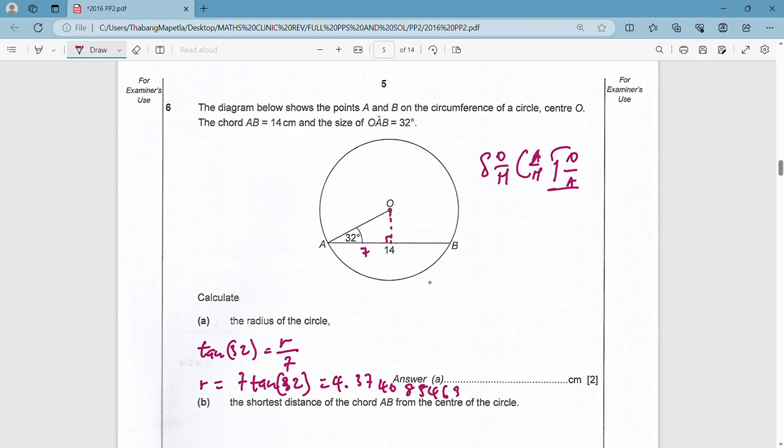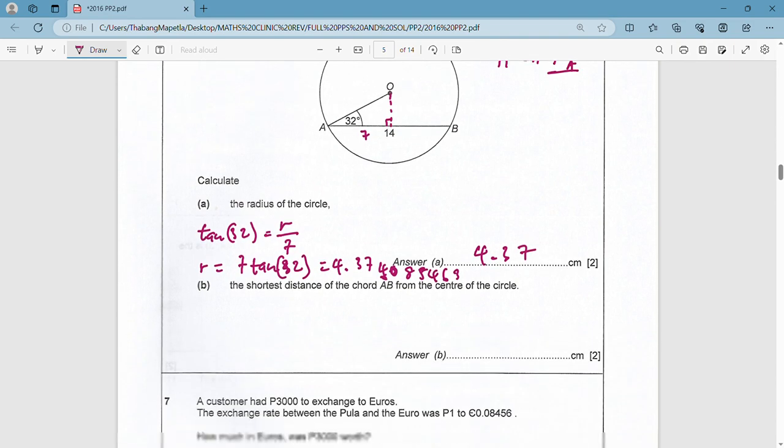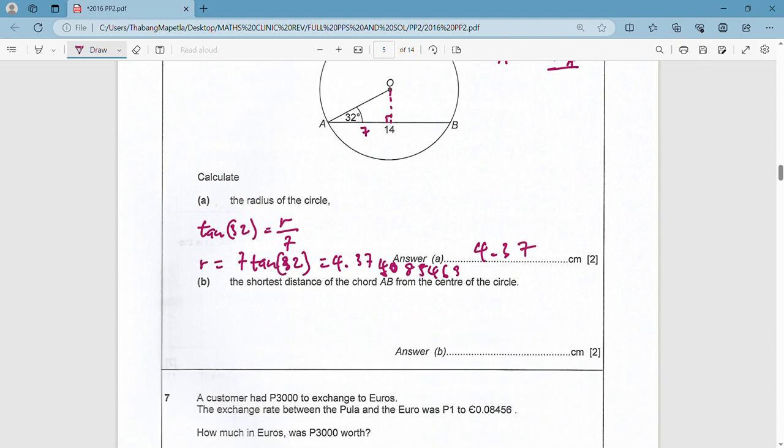Rounding it off, the 4 will round down, so you're going to have 4.37 centimeters. And then going to the next one, number B says the shortest distance.